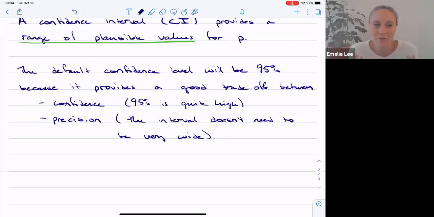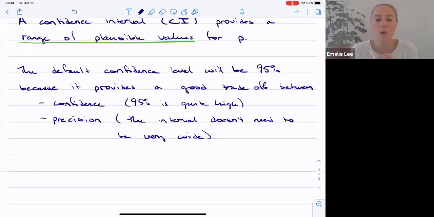Well, then you have the follow-up question of, okay, how confident are you? 90, 95, 99% confident, right? The problem with being 100% confident is that we would have to make our interval so wide.